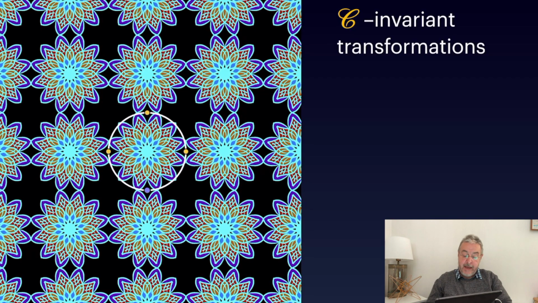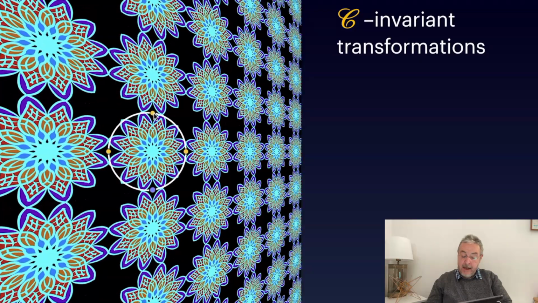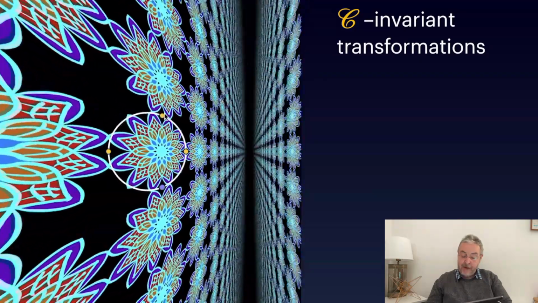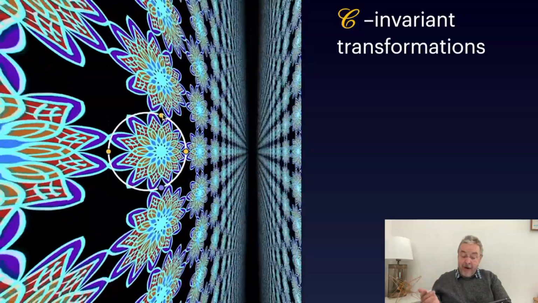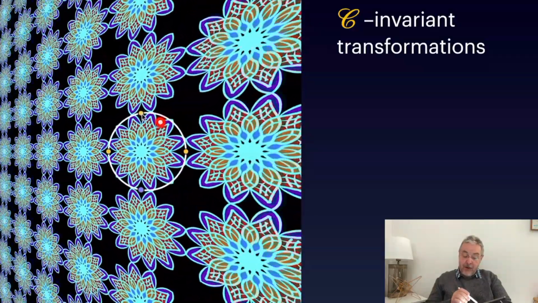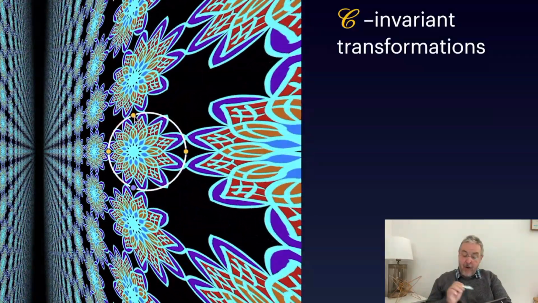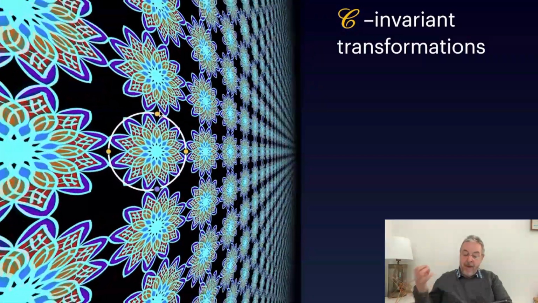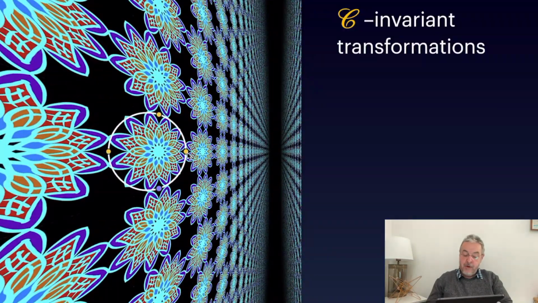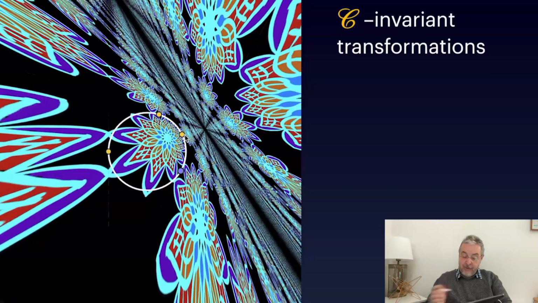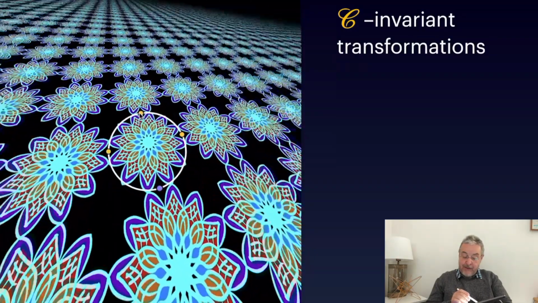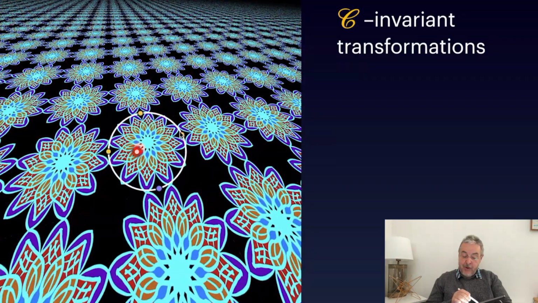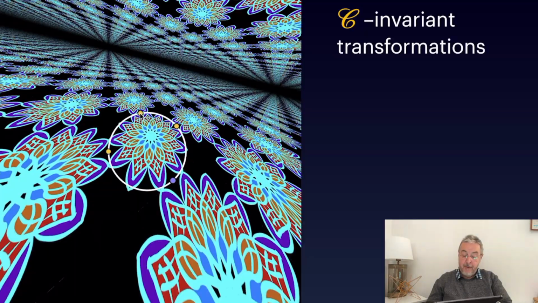And if I do the same as I told you before, then you see how this ornamental pattern gets perspectively distorted, but not in an arbitrary way. It gets distorted such that this central flower here really remains within the circle. And you see here, for instance, how the center gets mapped to different points of the circle.